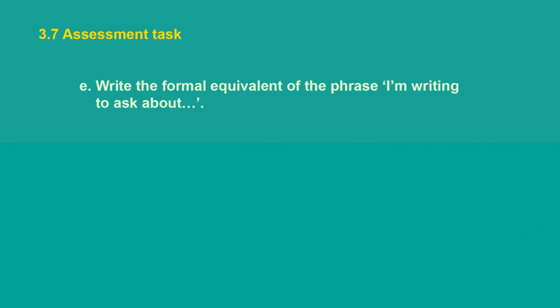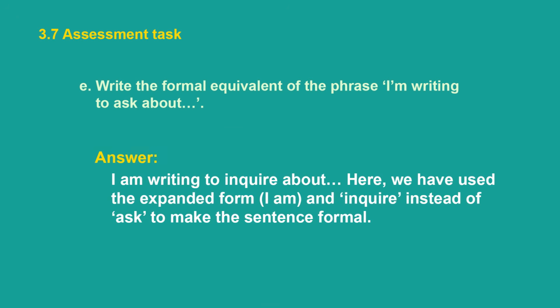Question number E. Write the formal equivalent of the phrase I am writing to ask about. Answer: I am writing to inquire about. Here we have used the expanded form I am and inquire instead of ask to make the sentence formal.